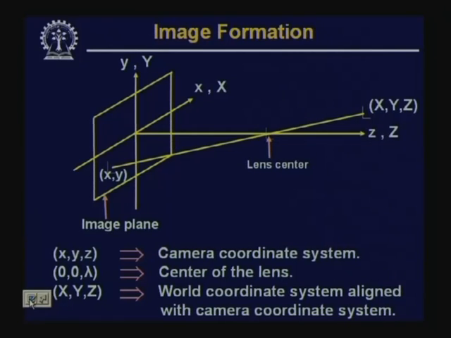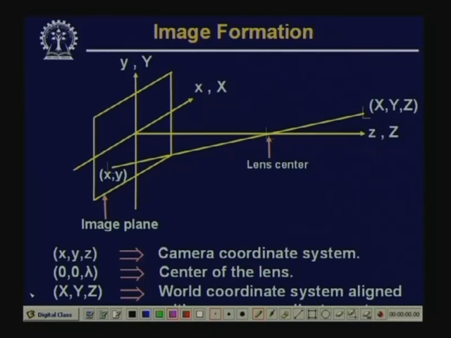One is the 3D world coordinate system, represented by capital X, capital Y, capital Z, and I also have the camera coordinate system, which is given by lowercase x, lowercase y and lowercase z.